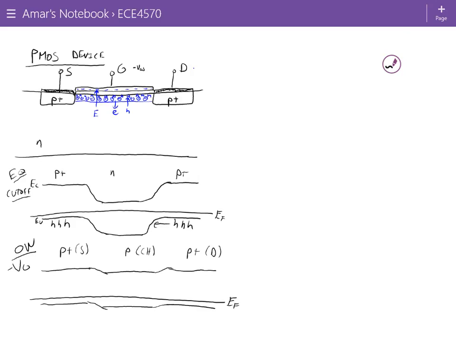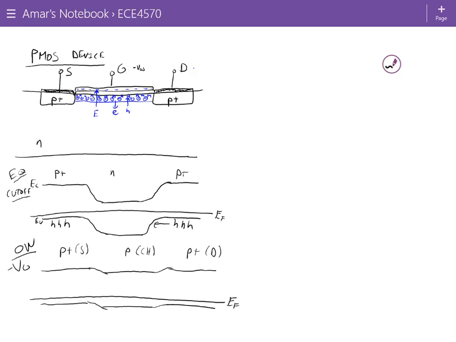All right, so that's why you can still draw the Fermi level as a flat horizontal line. Okay, this is one of those subtle details, but even though you've applied a voltage at the gate, because the gate is not connected directly to the channel, the Fermi level in the channel doesn't change.